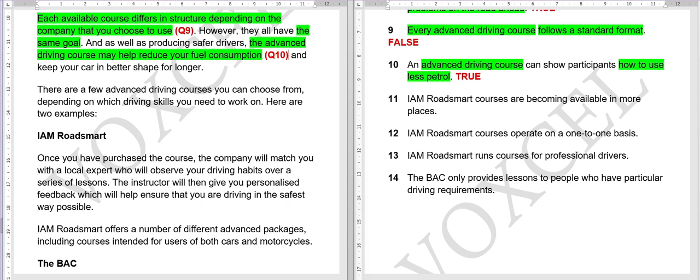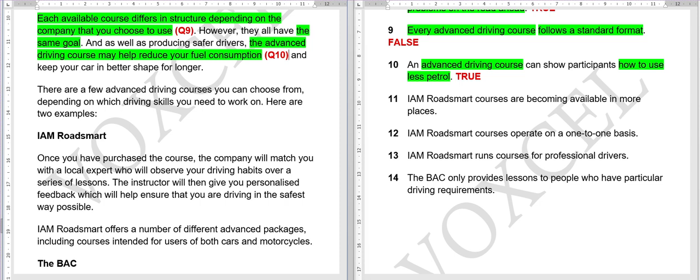Clear? For example, if your car is giving you 10 kilometers a liter, and you are able to use less fuel and the car gives 12 kilometers a liter, then with that particular amount of fuel you can travel 2 kilometers more. So if you want to go 10 kilometers, you will use less fuel because now you can go 12 kilometers a liter.